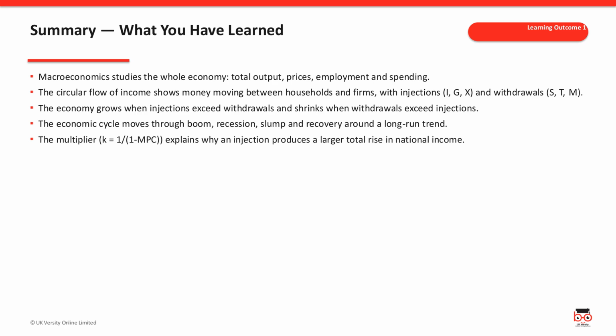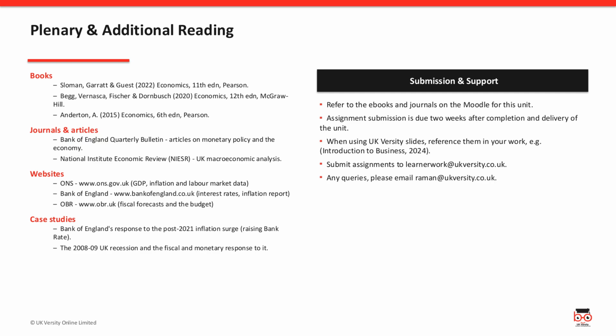And the multiplier explains why an injection produces a larger total rise in income than the amount first put in. That brings learning outcome 1 to a close. We've built the core vocabulary of macroeconomics, the circular flow, injections and withdrawals, the economic cycle, and the multiplier, the tools you'll use to analyze real policy next.